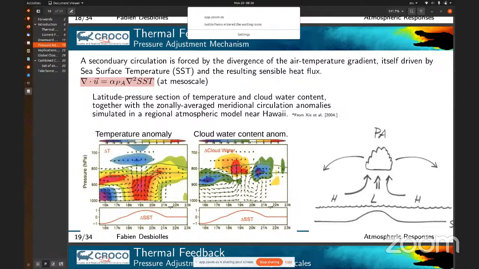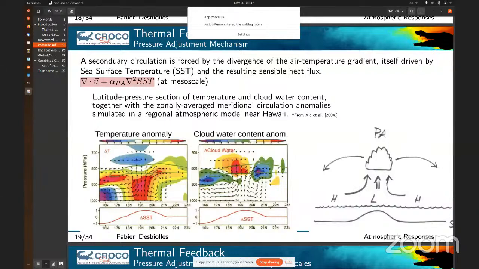These processes have been studied and shown here. I show you an example from a regional atmospheric model near the Hawaiian Islands. We can see a large warm eddy, and we have this upward movement and this secondary circulation above this warm anomaly.